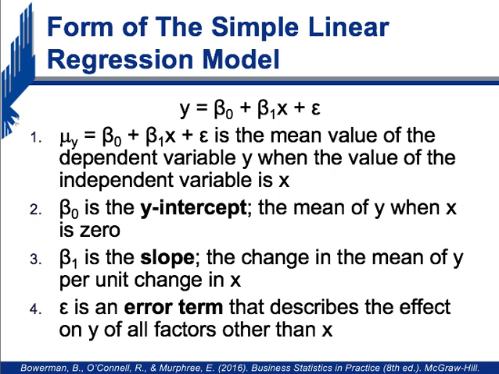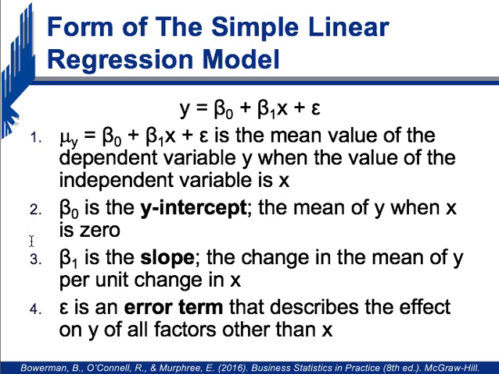Mu sub y is the mean value of the dependent variable y when the value of the independent variable is x. So if x is equal to a particular value, this equation will always give us the average value for all possible values of y when x is equal to that certain value.